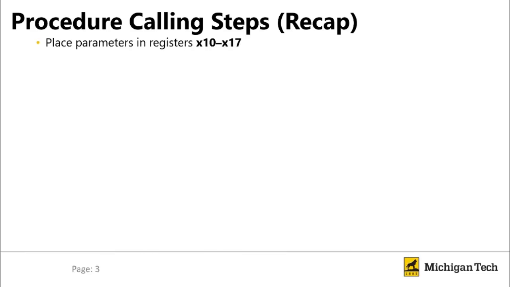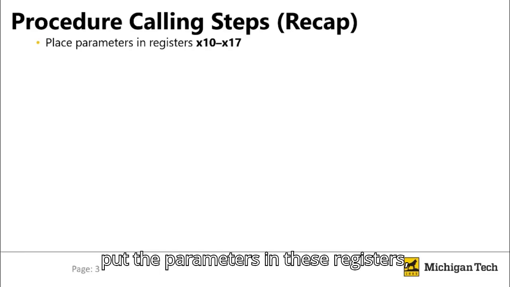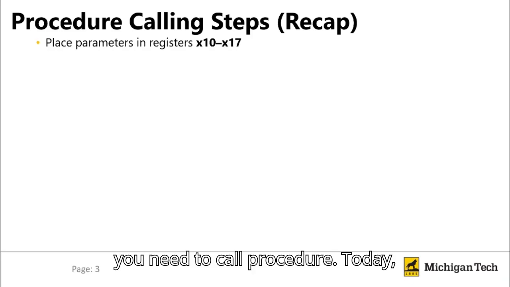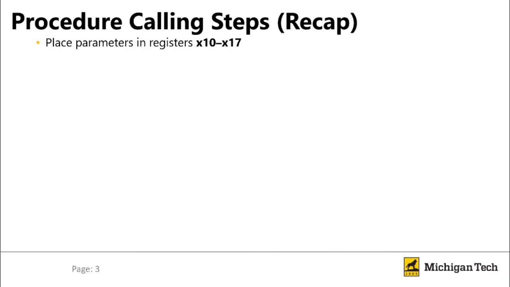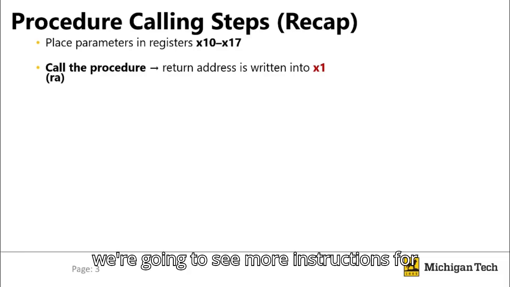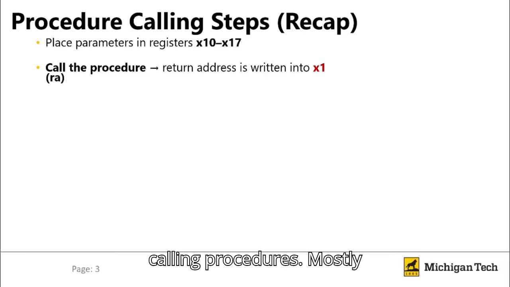And when you put the parameters in these registers, you need to call the procedure. Today, we're going to see more instructions for calling procedures. Mostly jump and link can be used. Jump and link also needs to save the return address in x1. x1 is a specific register just for the return address.